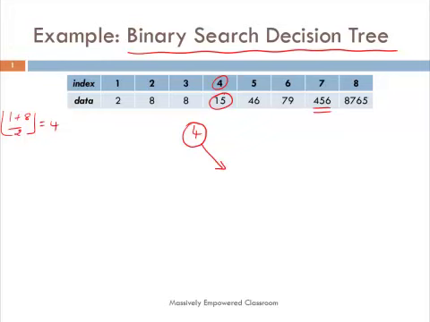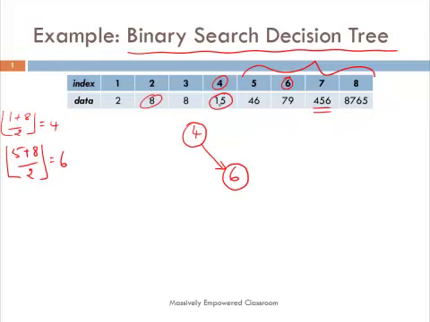When we went to the right, we only considered the part of the array from mid + 1 to j. So that is the midpoint. The new midpoint would be (5 + 8)/2, which is 6. Right? So we write 6 as the next node of the binary decision tree. Similarly, if the key was less than the value at the first midpoint, we would have gone this way.